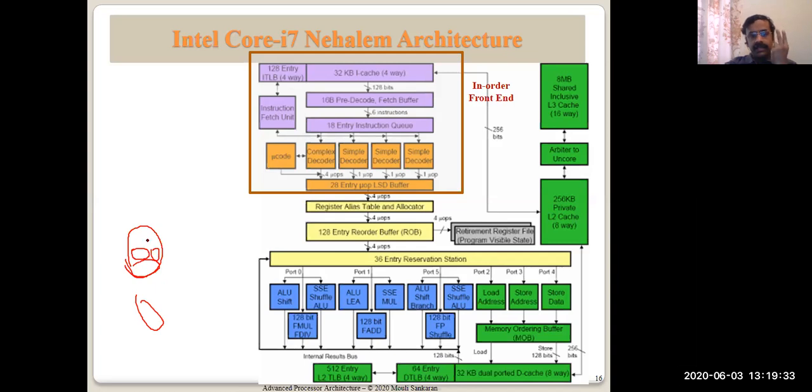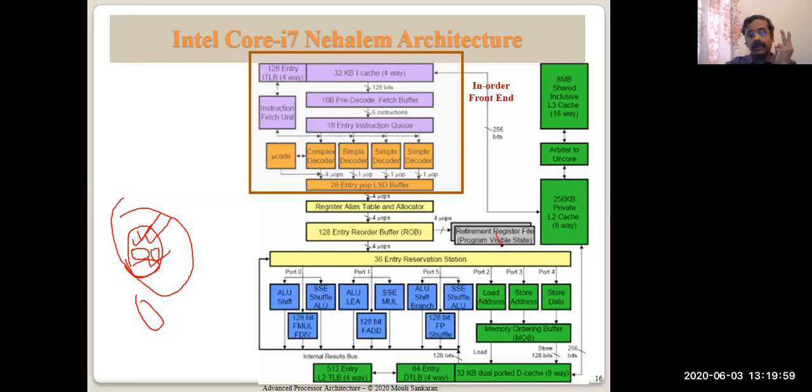This register set, in our case in Core i7, includes all MMX, SSE, floating point register set, integer registers, everything put together. All of them, what you saw in the first diagram, 64-bit, 128-bit, everything is replicated twice.